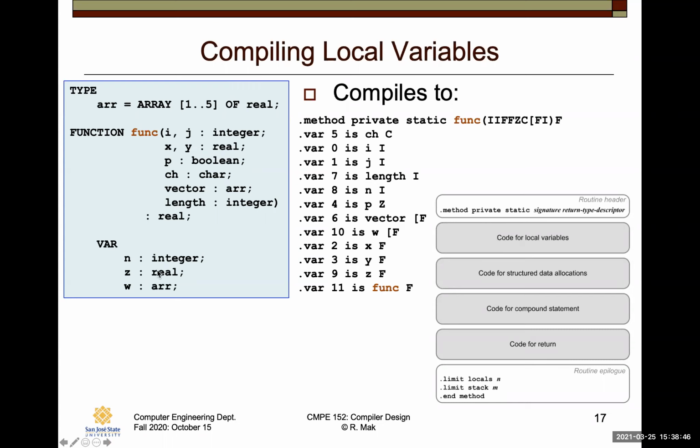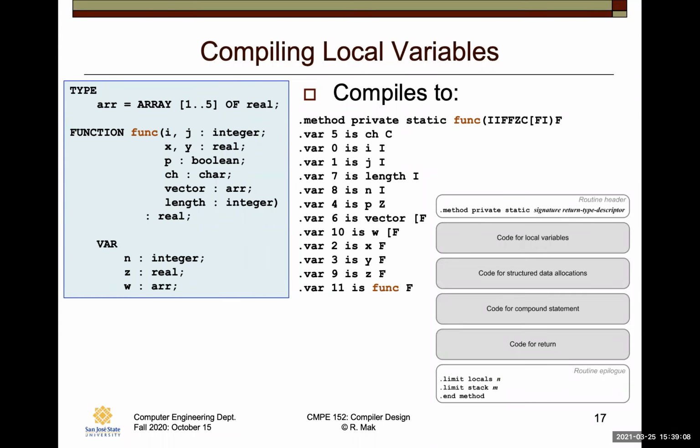If you're going to put out an instruction that refers to Z, you better have slot number 9 in that instruction. And if it's an instruction for adding two integer values, then you better make sure that what's on top of the stack are two integer values.